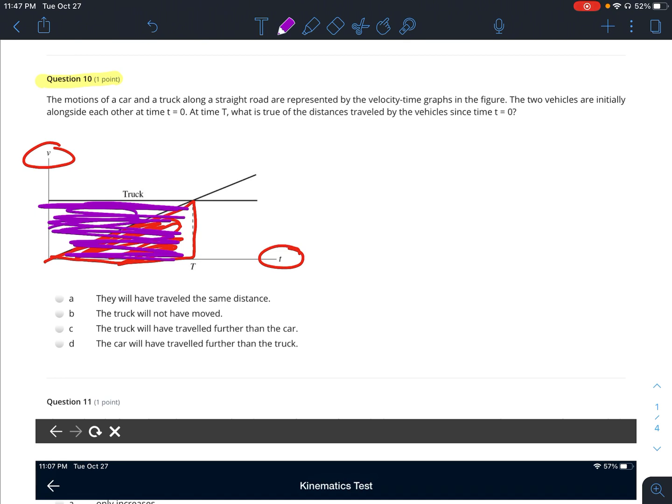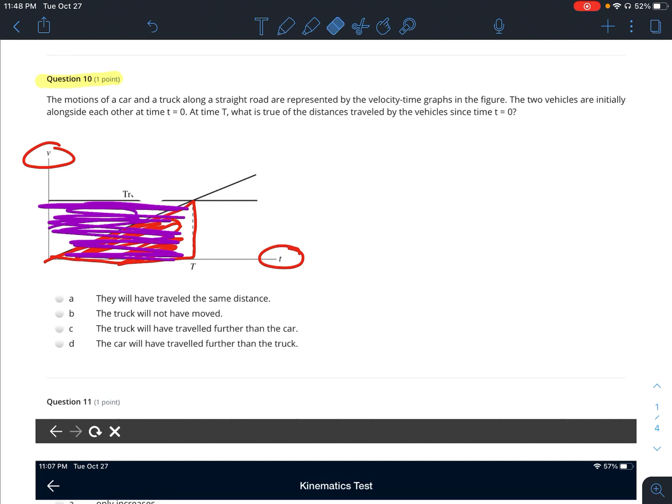The main reason is that the truck is moving at a greater velocity that whole time, where the car is accelerating during that time period, traveling less distance. So as an answer, we're going to have C, the truck will have traveled further than the car.